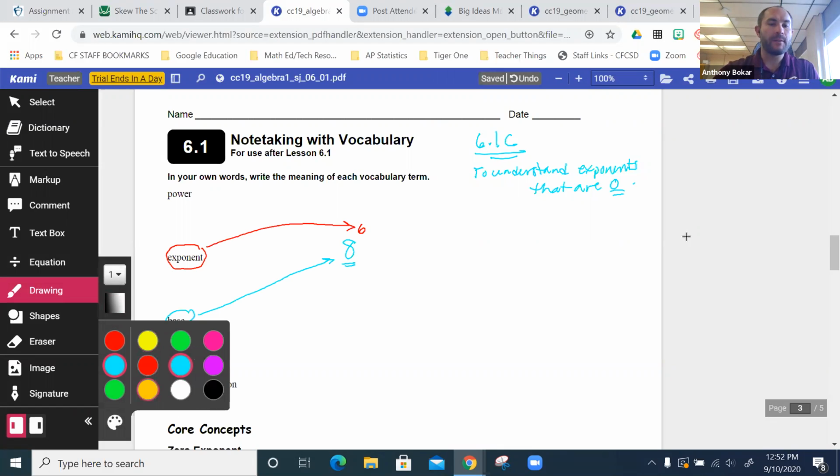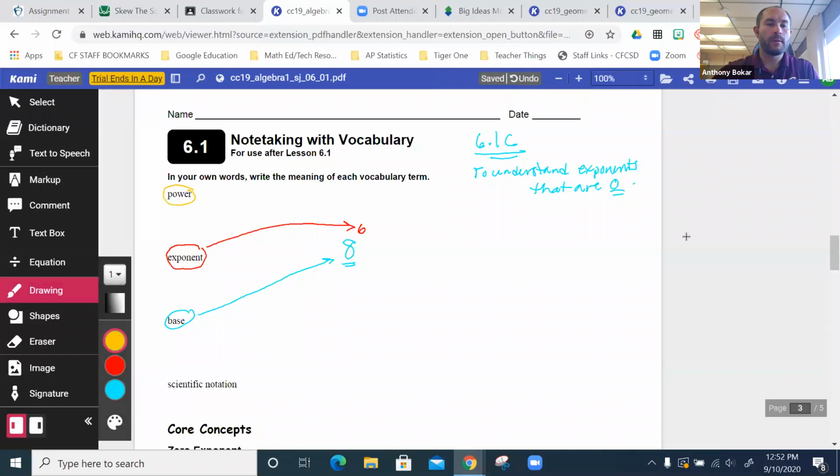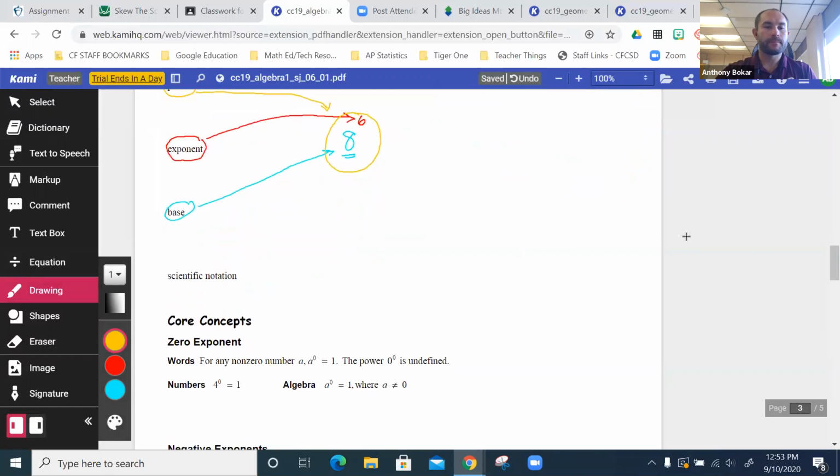And altogether, power refers to the entire expression. This whole thing is called a power expression. The base is 8 because it's on the bottom and the 6 sits on top of it. The exponent is 6. The whole expression is called a power. A little vocab there.